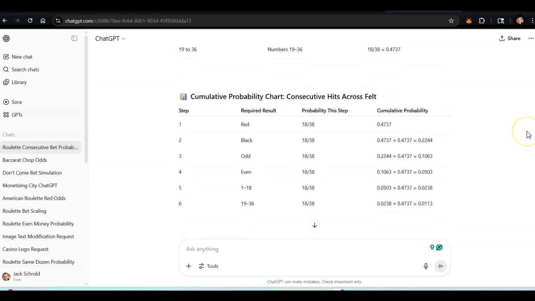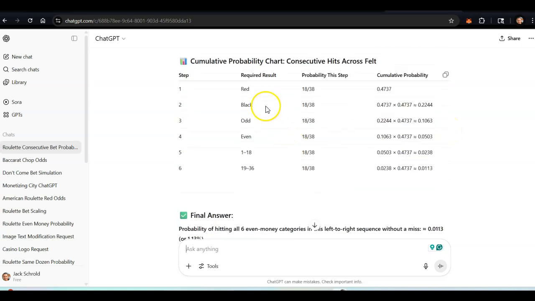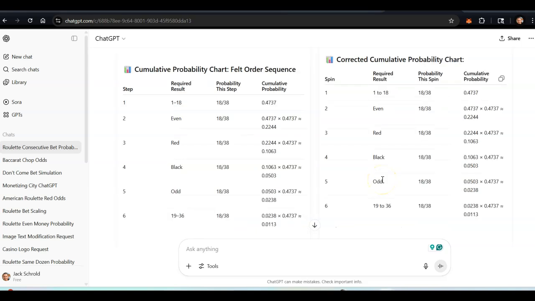Let me see what it did here, guys. Step 1, red. Step 2, black. No, that's not what I'm looking for. Okay, so I'm going to stop this. It made a mistake, and we'll make it correct. Okay, so now we've got it down to a science. So let me see.